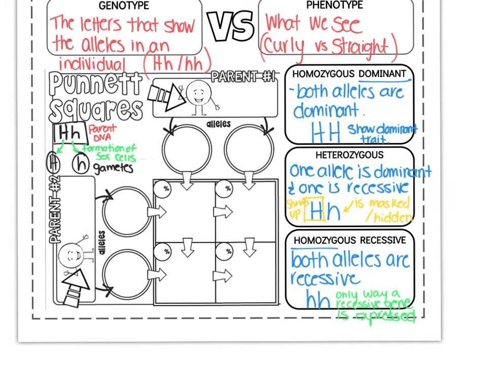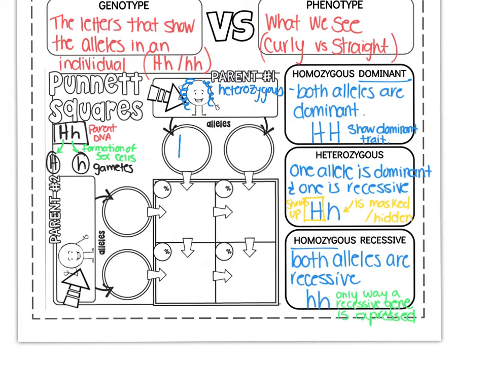So parent 1 has curly hair. I'm going to draw in their curly hair. They're going to have blue hair in this case. And we know that parent 1 in this case was heterozygous.